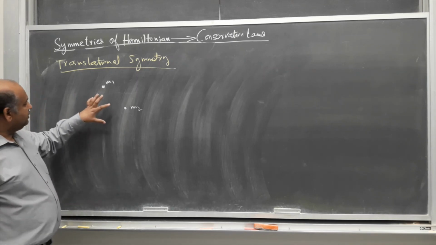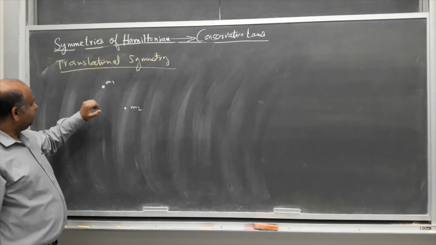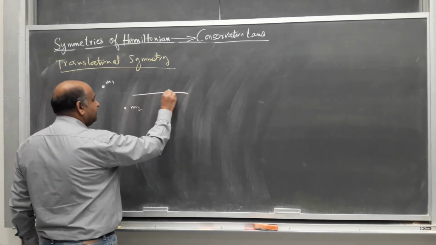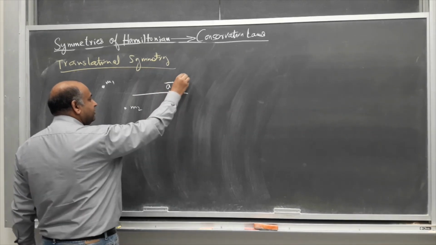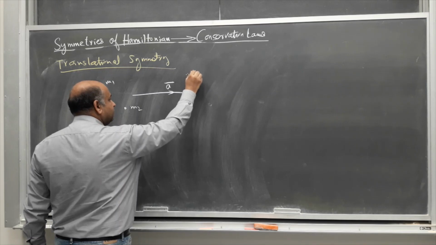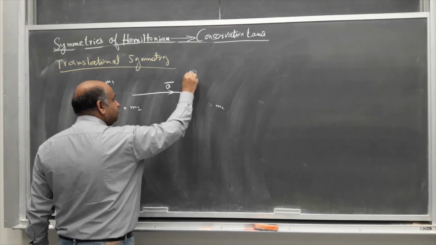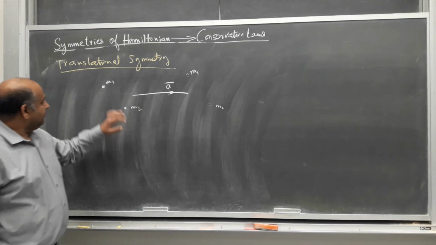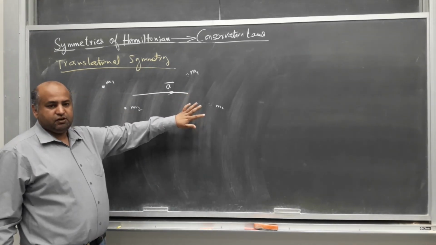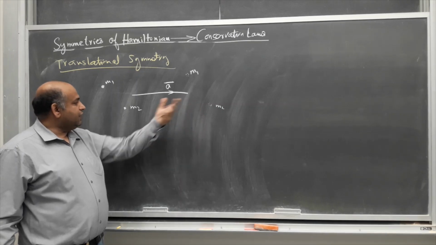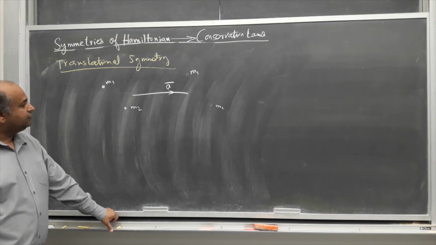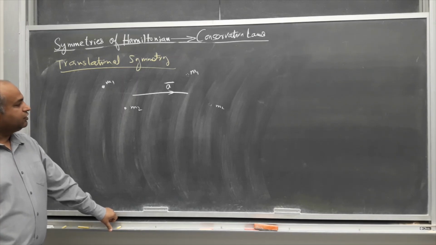We can see right away that if we translate both particles by some, let's say, constant vector A, and take these particles here, m1, m2, we see that the physical situation does not change at all. And this type of symmetry is also reflected by this Hamiltonian, and this gives rise to the conservation of linear momentum.